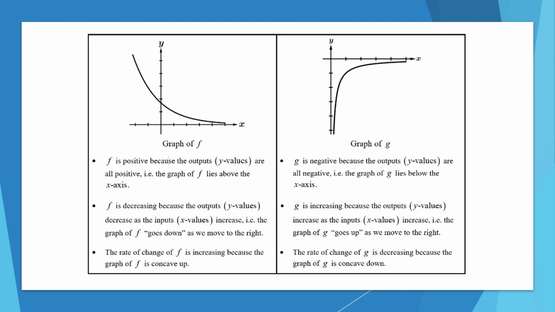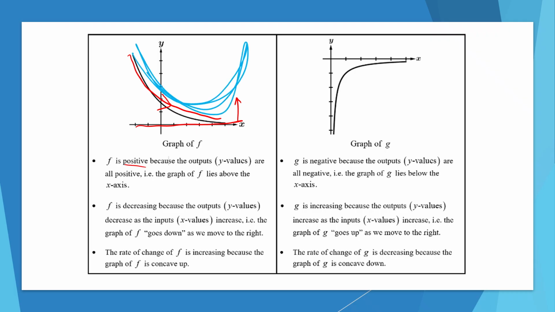Let's take a look at this graph right here. Here, the graph is positive because it is above the x-axis, right? They have all positive y values. The function is also decreasing because it's going down as you go from left to right. Now, what is the rate of change doing? Well, if we take a look, is this concave up or concave down?